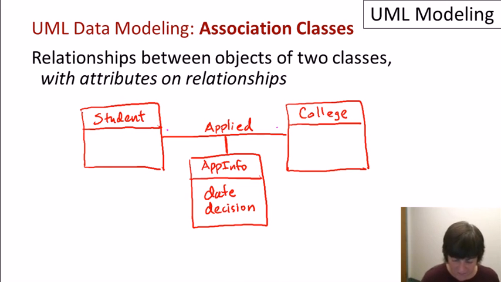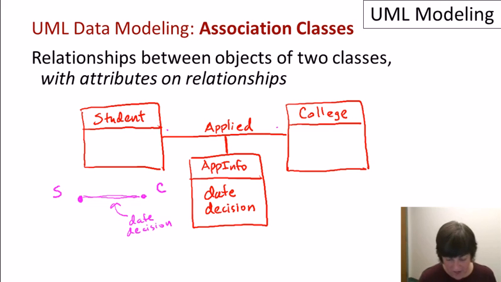Now, when we have students associated with colleges, so we have a student here and we have a college, and then we have an association between those, what we're saying is that association is going to have affiliated with it a date and a decision. What we cannot describe in UML is the possibility of having more than one relationship or association between the same student and the same college.